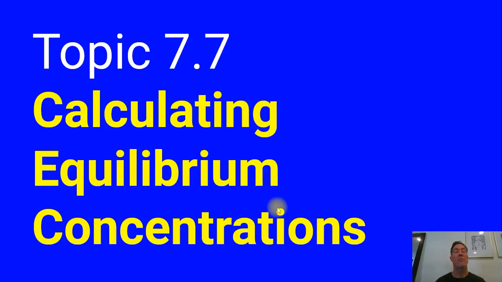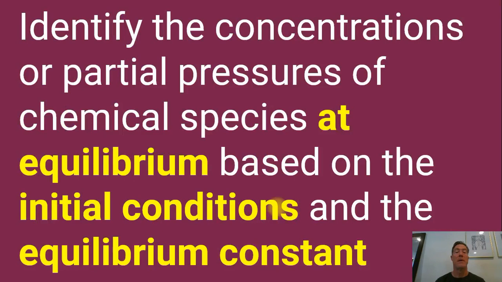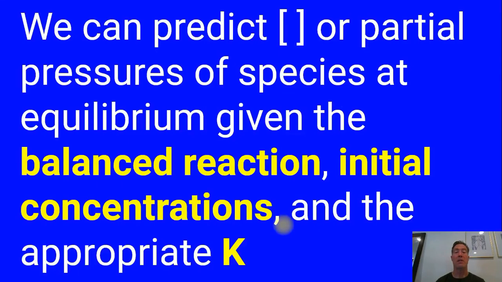All right, let's look more particularly at calculating equilibrium concentrations. So this is going to take us to our friend the ICE table. As we've already alluded to, we can identify those concentrations at equilibrium based on the initial conditions and the equilibrium constant. So we can predict the concentrations or partial pressures of species at equilibrium if we're given the balanced reaction and the initial concentrations and the appropriate K values.